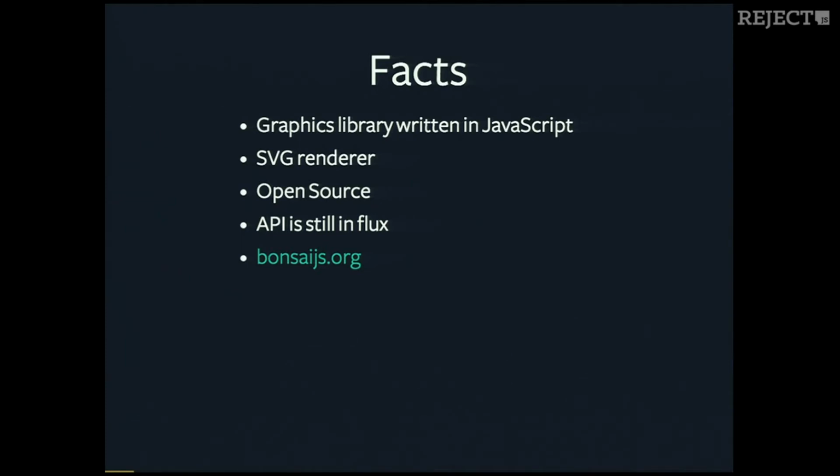So feel free to contribute, feel free to file bugs or issues. We have tests and use it in production. The API is not finished yet. We still try to learn from our use cases and the use cases from the users of BonsaiJS. And the website is bonsaijs.org.